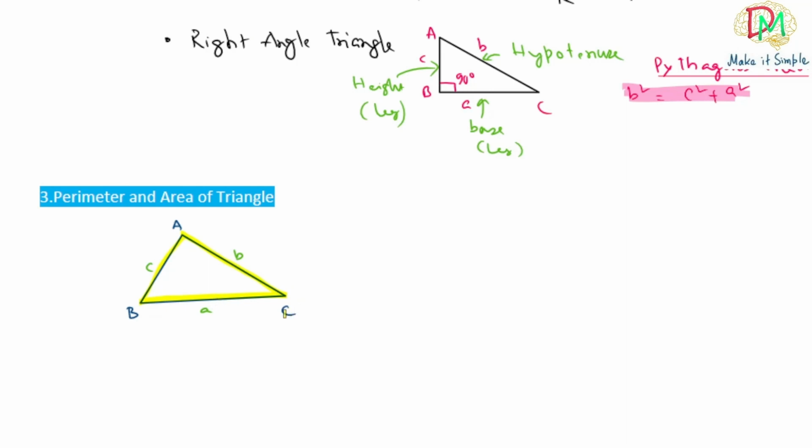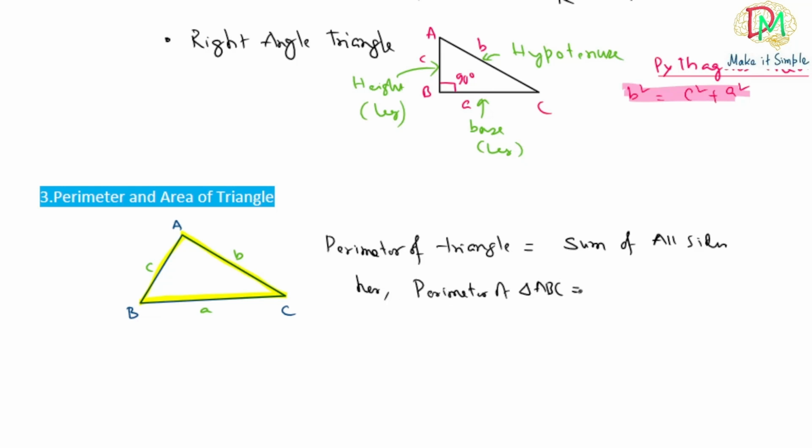Okay, so sum of this side is actually the total length of boundary. So that is the perimeter of triangle. So we can write perimeter of triangle is equal to sum of all sides. Here perimeter of triangle ABC is equal to a plus b plus c.